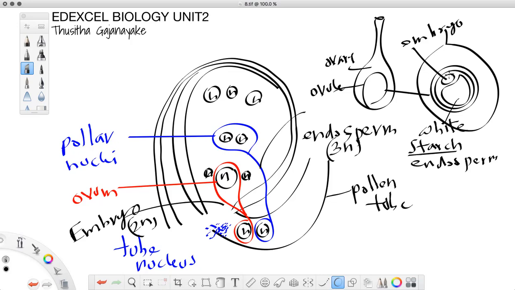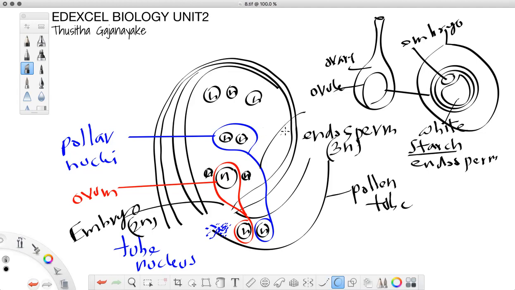Right, if not, there's a question, right? This part is very important: you have to study the fertilization of flowers and how exactly it takes place, especially minor events like the tube nucleus disintegrating, and then one generative nucleus fusing with the ovum, and one generative nucleus fusing with the polar nuclei to make the endosperm.